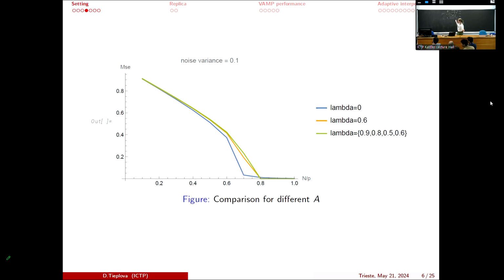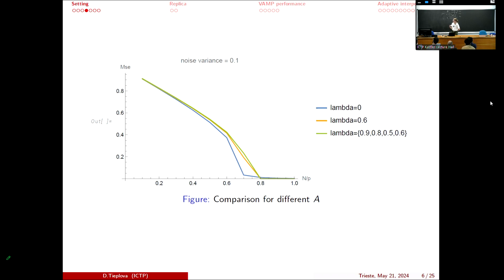If you remember our design matrix, our vectors xt are created as a Gaussian process, and this matrix A that appears there, which is deterministic, gives a big impact on the inference problem.